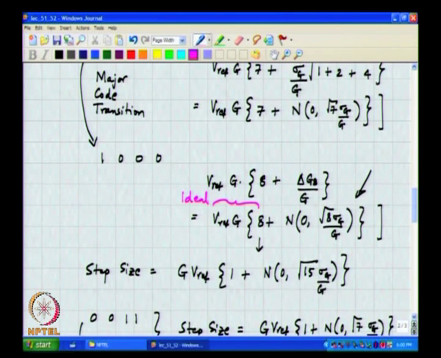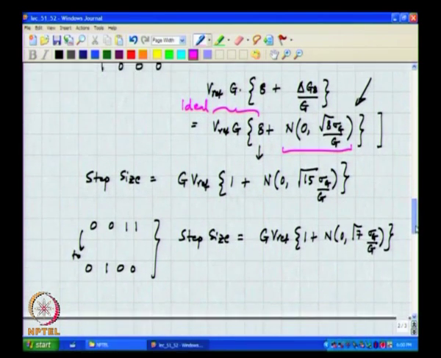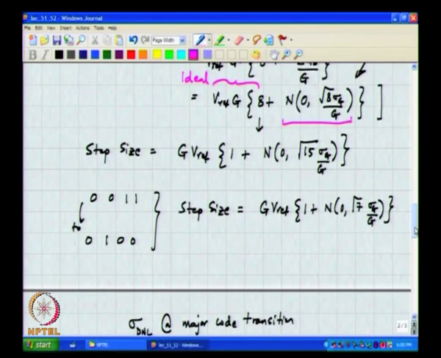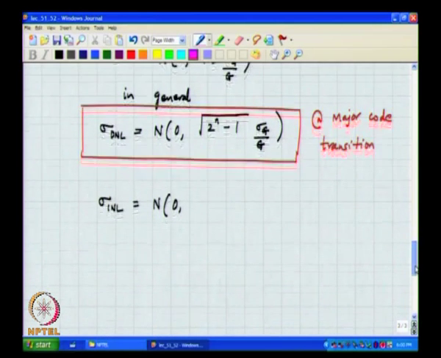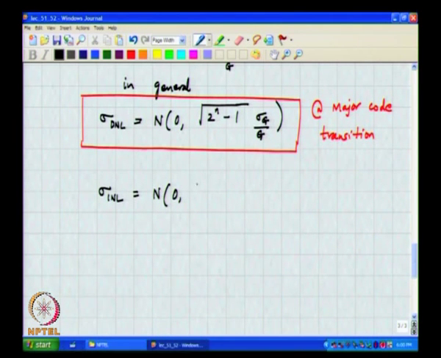So, the difference is what corresponds to this part. Okay, when you normalize it to the LSB size, this will become N(0, square root of 2 to the n minus 1, 8, which is 16 by 2, times sigma G by G).